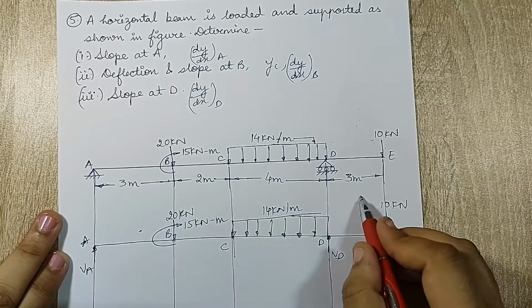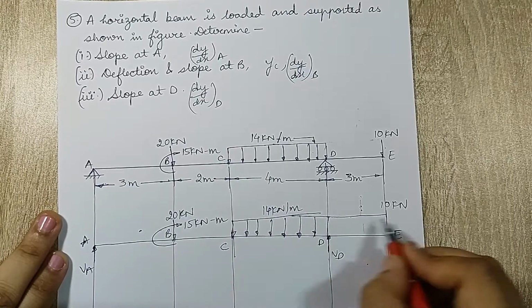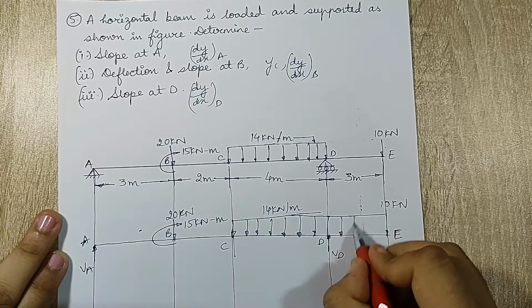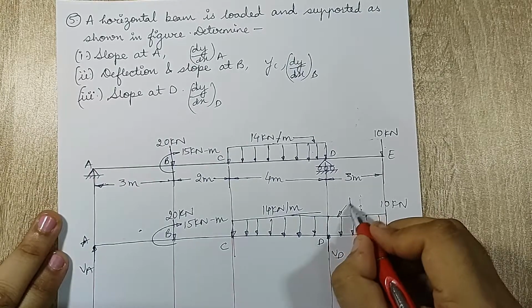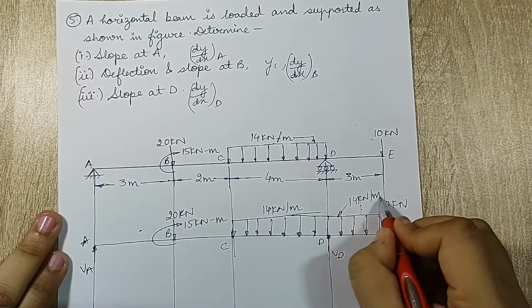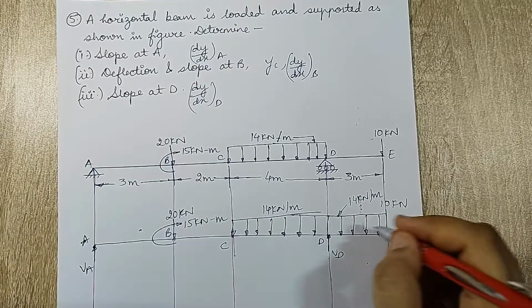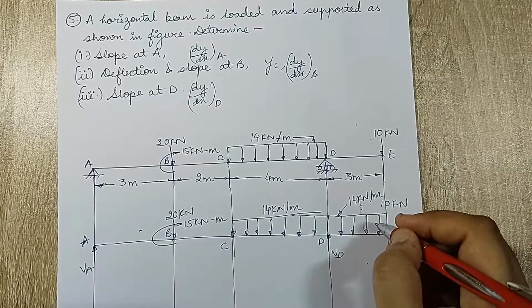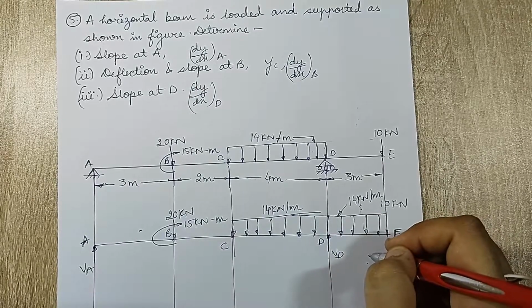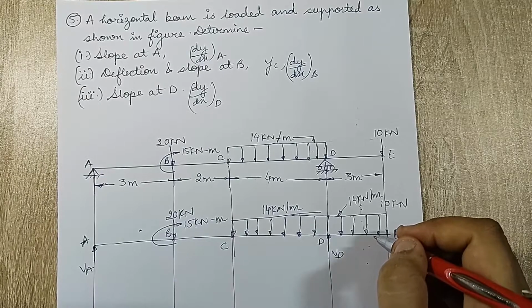Now since I want to draw the section here, I will be extending my UDL up to this portion DE of the same magnitude. I can't change the magnitude, so this value of UDL will be 14 kilonewton per meter. Now if you observe, if I draw a UDL here, I cannot directly add a UDL on the beam. I can add a UDL and I can subtract a UDL so that the resultant value of UDL added and subtracted is 0, such that I don't make any change on the beam.